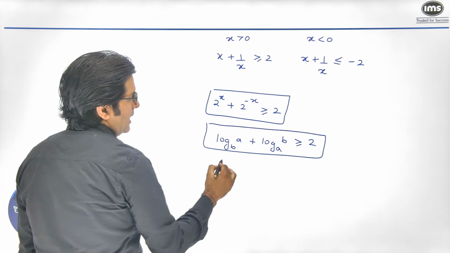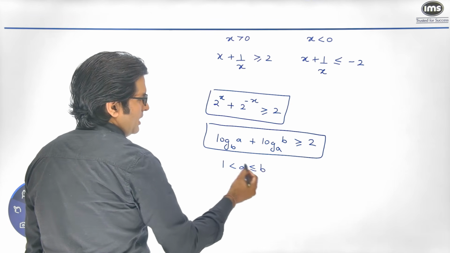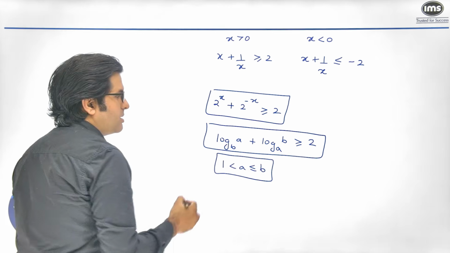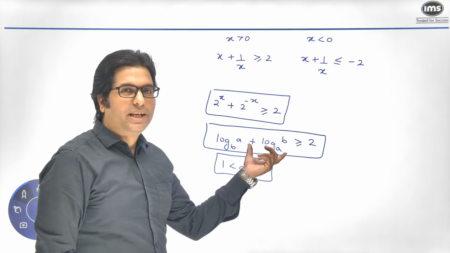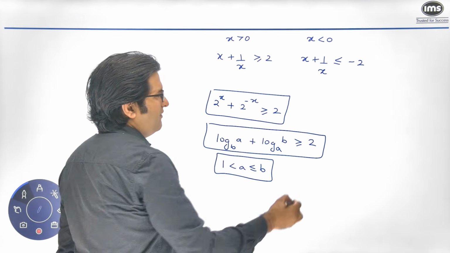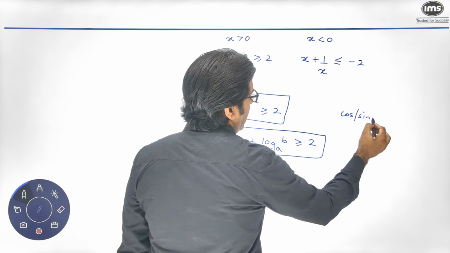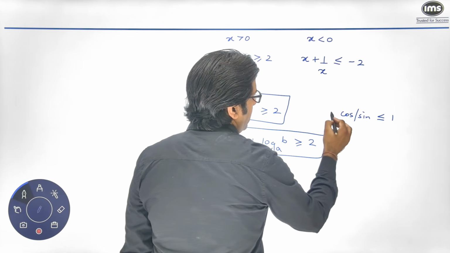Whether they are equal or not doesn't matter. So remember, log a to the base b plus log b to the base a will always be greater than or equal to 2. And finally, we understood that the range for cos or sine expressions typically lies between +1 and -1.